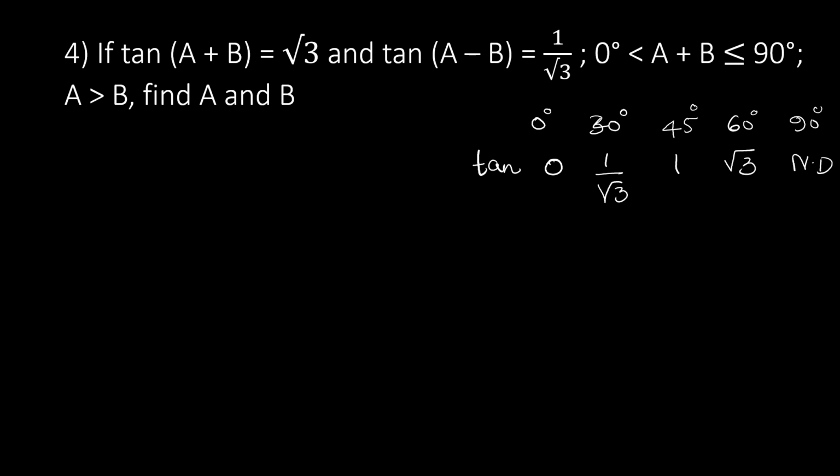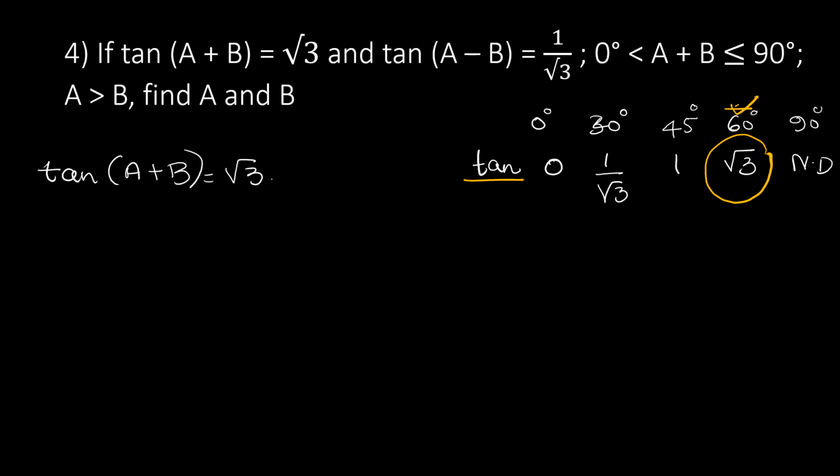From this table we will first find tan(A+B) equal to root 3. Tan of A plus B is given as root 3, and next is tan of A minus B. First we'll find this root 3. From this table, where is root 3? This is root 3, and that is tan of 60.